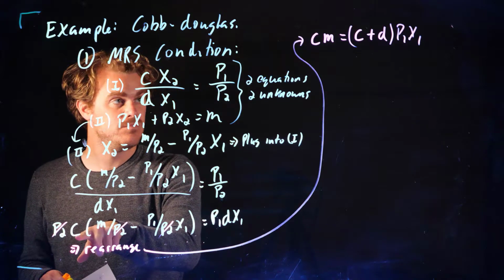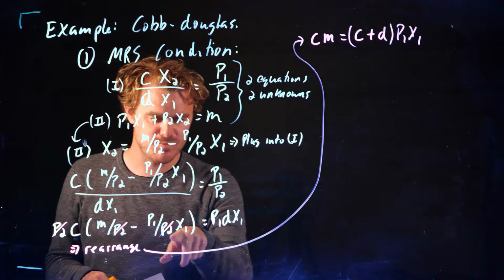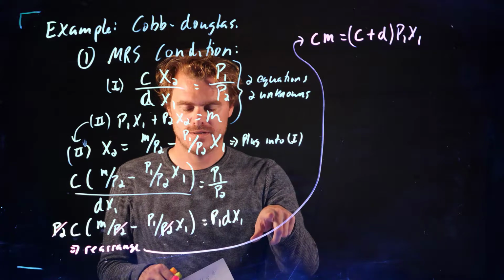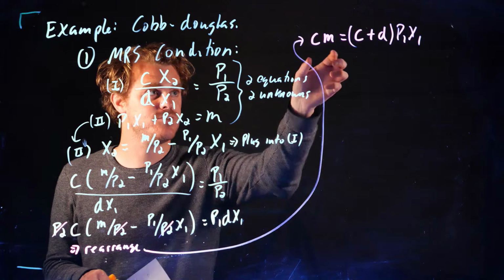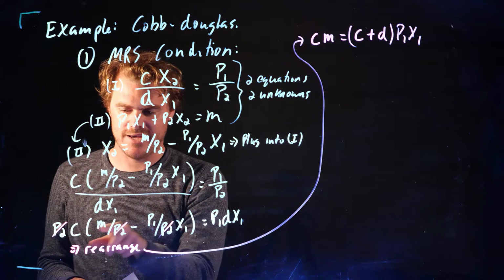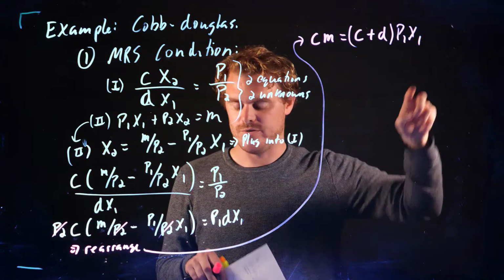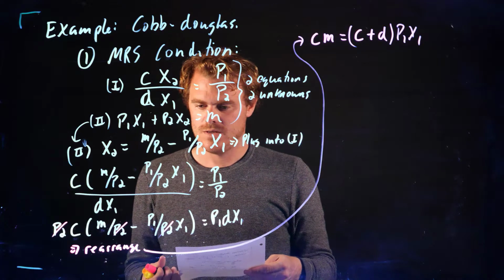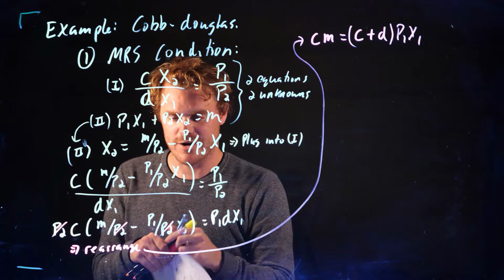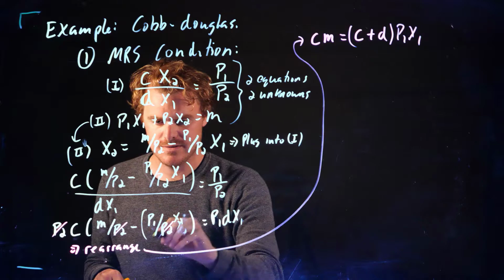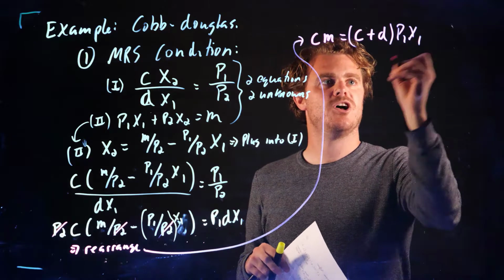I'm just moving c times P1 x1 over to the other side, and then isolating for x1, leaving the c m on this side. Maybe that's clearer. We're just solving for x1 here.